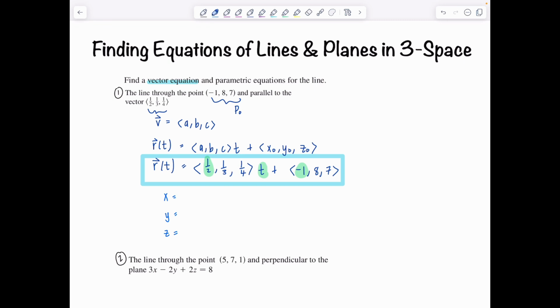So I'm going to write x equals 1/2 t minus 1. y would equal 1/3 times t plus 8. And then z is going to be 1/4 times t plus 7. And those are my parametric equations.